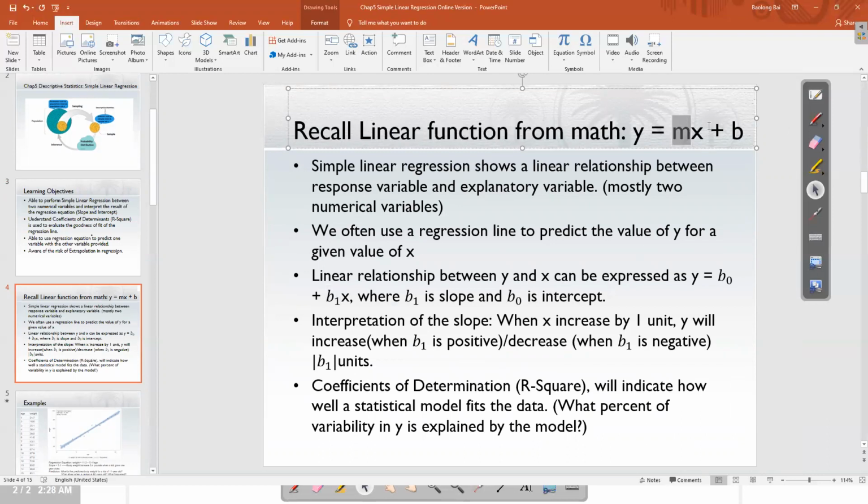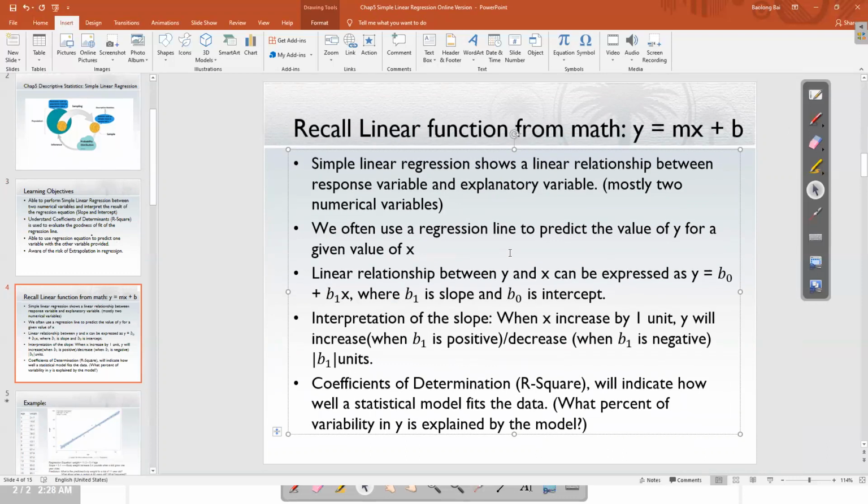But they are exactly the same relationship, right? They have slope and intercept. So then simple linear regression is basically determining the regression slope and the regression intercept to best fit the data for the relationship between the variables, right?